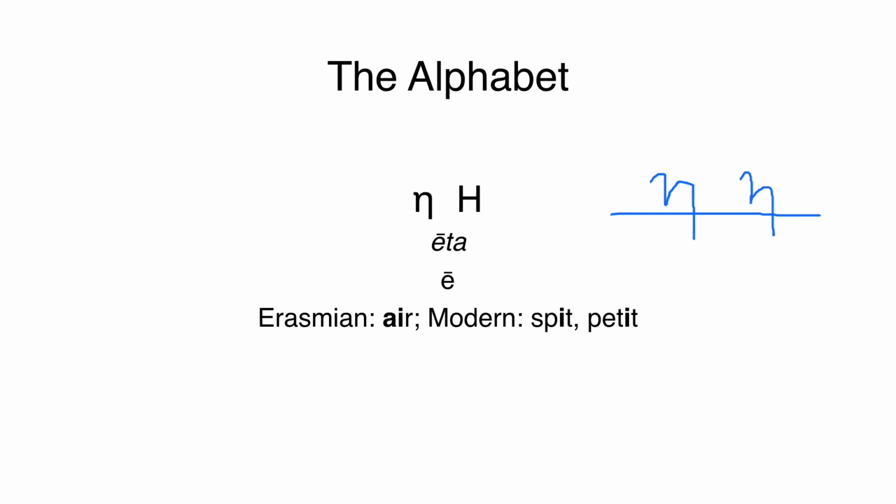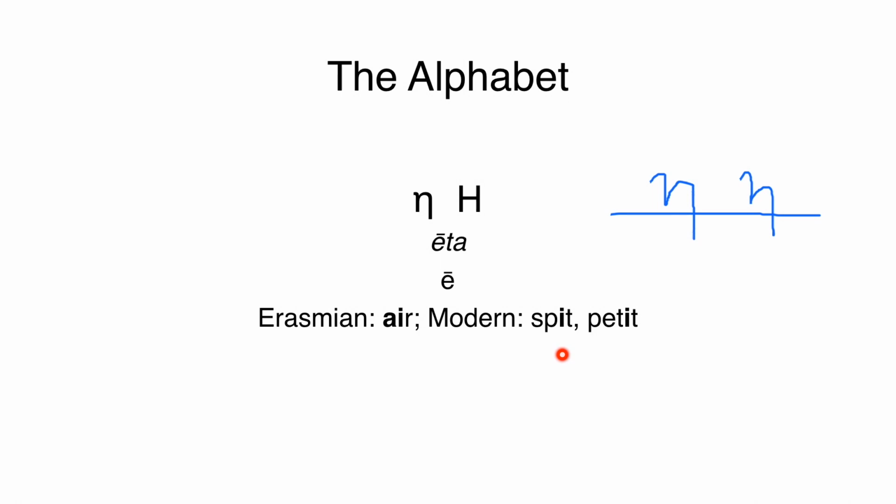The uppercase version of eta or ita is like our English capital H. In the Erasmian pronunciation, this is pronounced as an AI sound, as in air. According to the modern pronunciation, this is more like the I sound in spit.